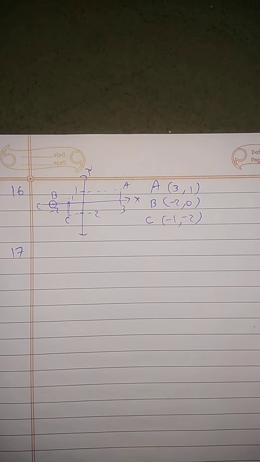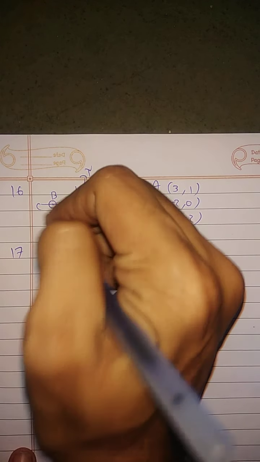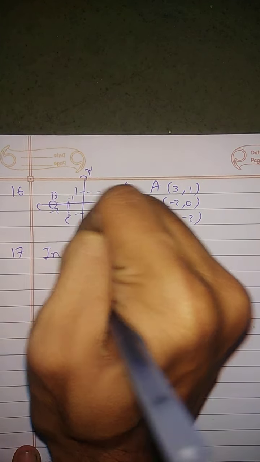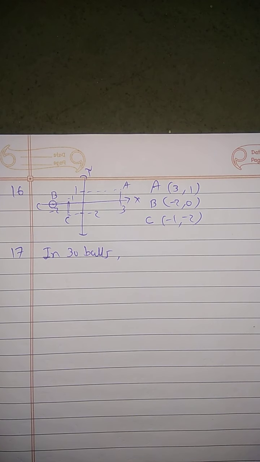After that, number 17. In a cricket match, a batswoman hits a boundary 6 times out of 30 balls she plays. Find the probability that she did not hit a boundary. So here we need to find the probability for did not hit a boundary. In 30 balls, it is given that she hit a boundary 6 times.